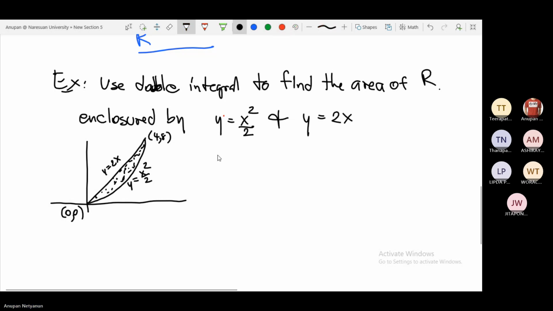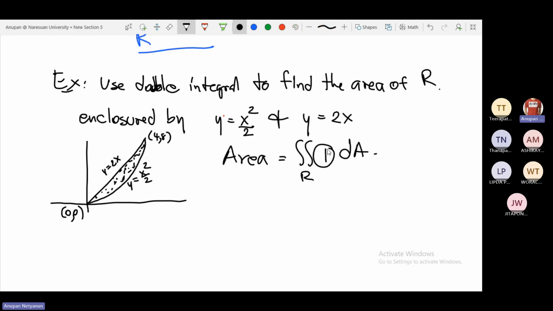So I set this up, which is the area is equal to, I'm going to use double integral over this region, and then the function is going to be 1, and there's dA, because I want to find the area.